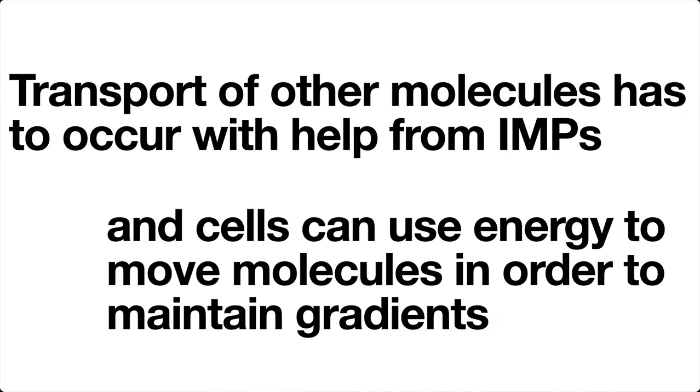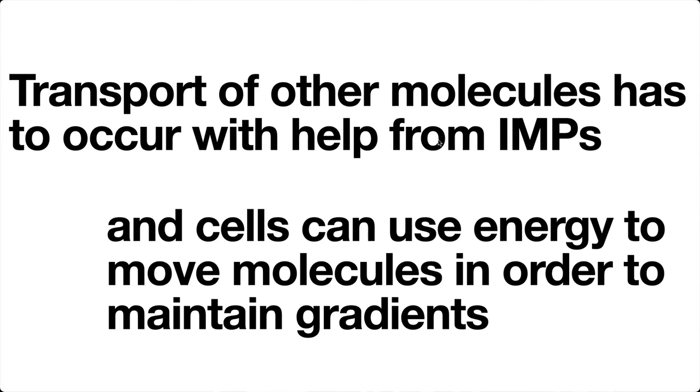Sometimes all you need is one of those selective pores in the case of our passive transport to let things through. But if we have active transport, well, now we're going to need to use energy, but we'll see how we can use pumps. We can use primary active transport, secondary active transport in order to move molecules against the gradients. And this is then going to allow us to maintain gradients.